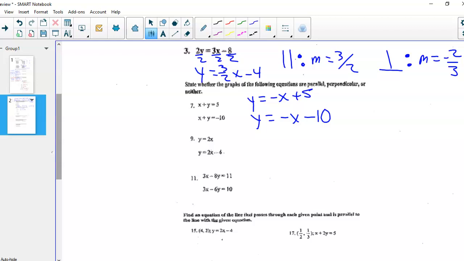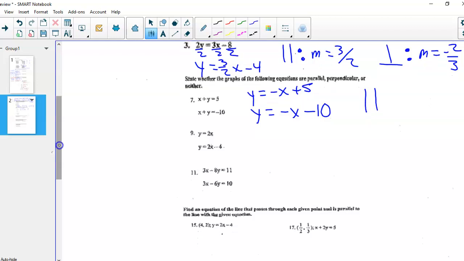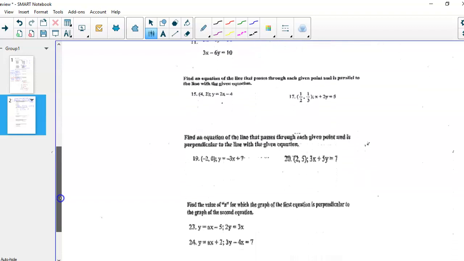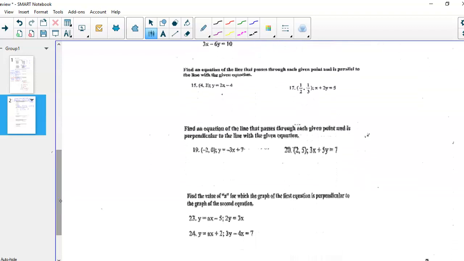Are these lines parallel, perpendicular, or neither? Parallel. How do we know that? The slope is the same. We're going to do one of these, and one of these, and one of these.